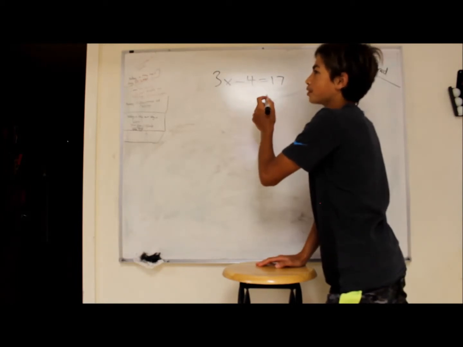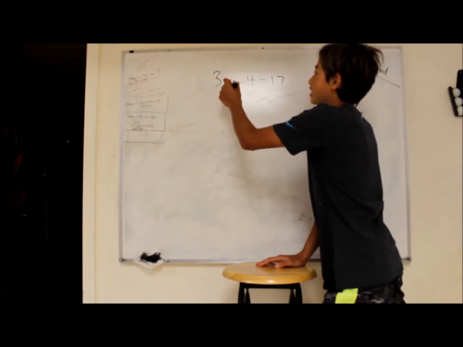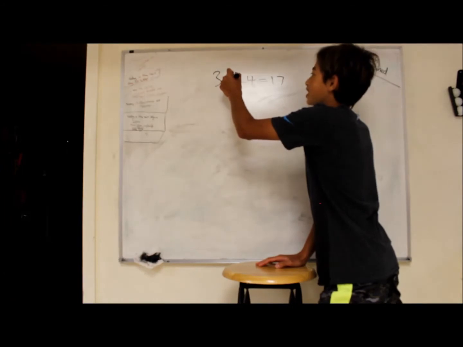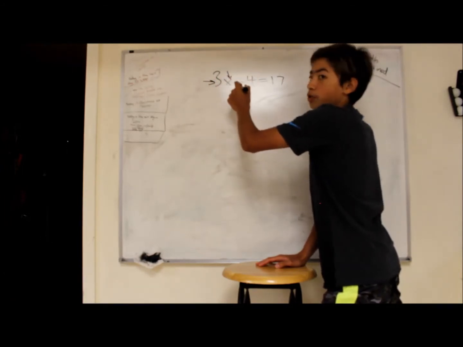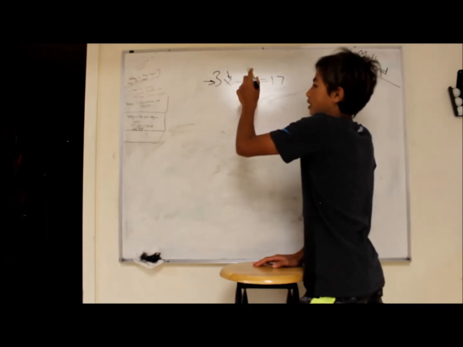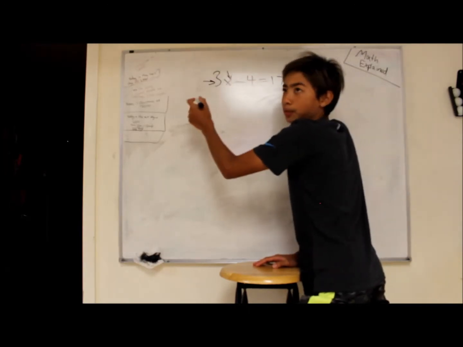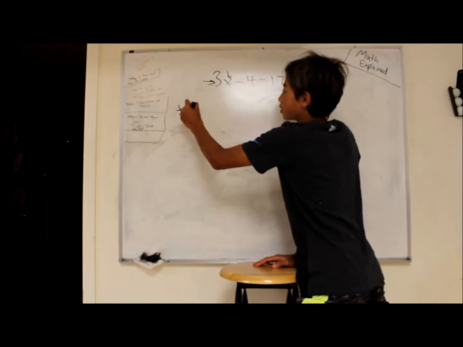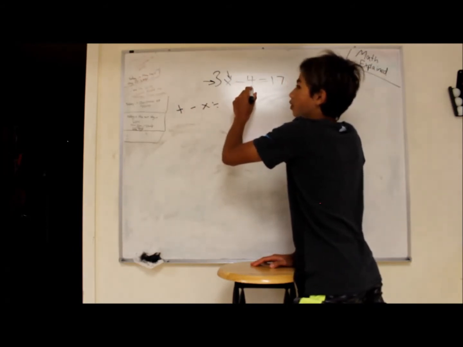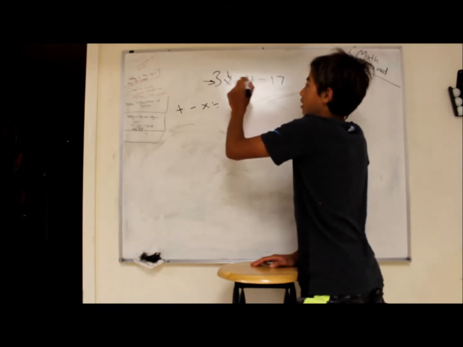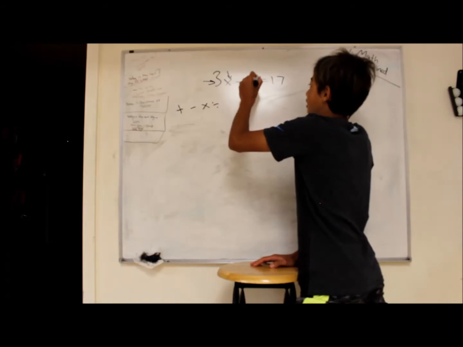So, first thing I have to do is get the x and the thing next to it alone. That thing happens to be a 3. So, looks like I got this 4 here. I want to get rid of it. And gotta write out my operations that I can use. Plus, minus, times, or divide. If I have a -4 here, I think I can plus a 4 to get 0.